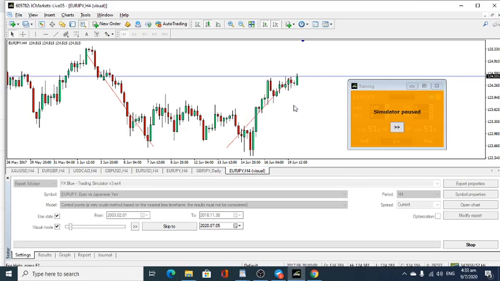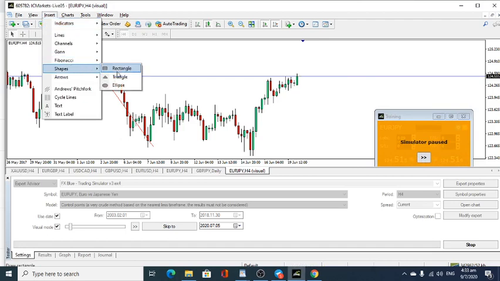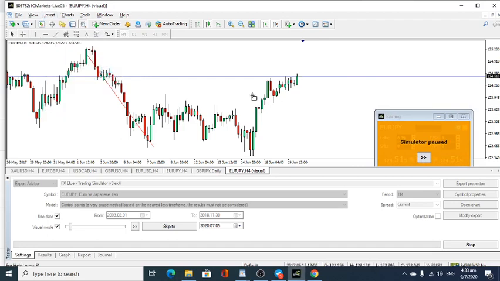Price already made a push, so we are not going to concentrate on buying here right now. Instead, we can mark where the last point is. Let me just mark the zone, until here. As long as price does not close below here, I can look for a buy.